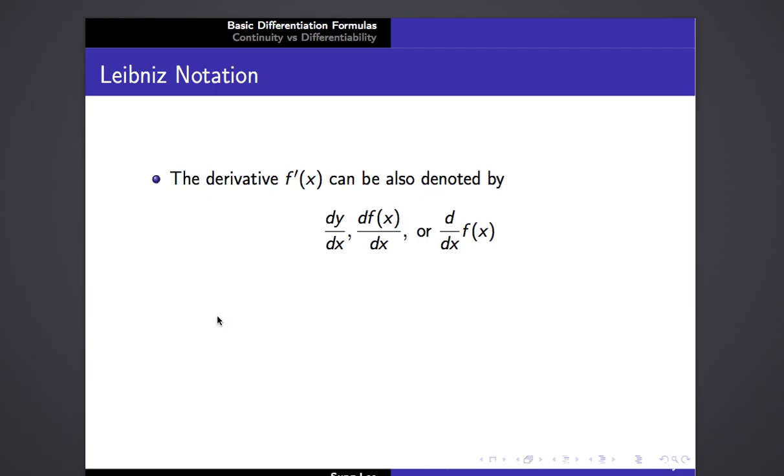And for the derivative notation, f prime of x can also be denoted by the following notations: dy by dx, d f of x by dx, or d by dx of f of x. You can use any of those, or you can stick to f prime of x.